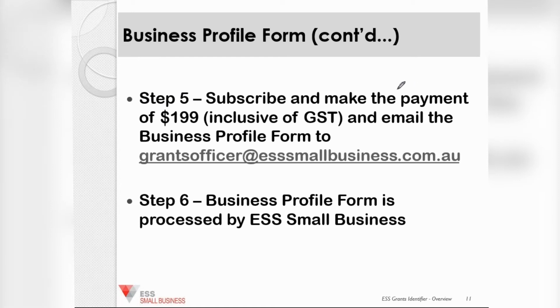If you're happy, you wish to proceed with the application to ESS Small Business to undertake a review, to give you a report on the grants that we believe that your business would be eligible to apply for, you will need to complete your subscription at www.esssmallbusiness.com.au and make your payment of the fee of $199, including GST. And at the same time, can you email the completed business profile form to us?